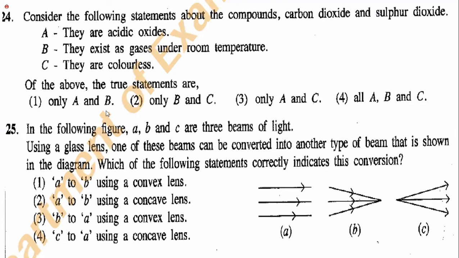When you see this, the basic ray diagram of lenses should come to mind. Using that we have to see. A to B using a convex lens. Yes, A to B. The parallel beam of light can be converged by a convex lens. That is the correct answer.